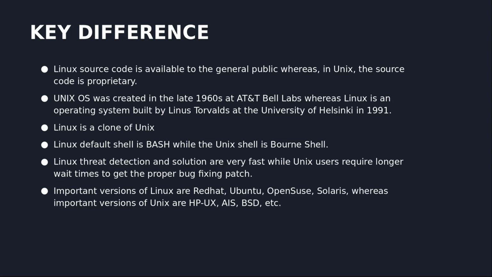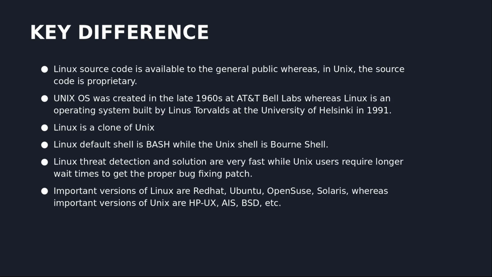The Unix OS was created in the 1960s at AT&T Bell Labs, whereas Linux is an operating system built by Linus Torvalds at the University of Helsinki in 1991. Linux is essentially a clone of Unix. The Linux default shell is Bash, where the Unix shell is Bourne shell.